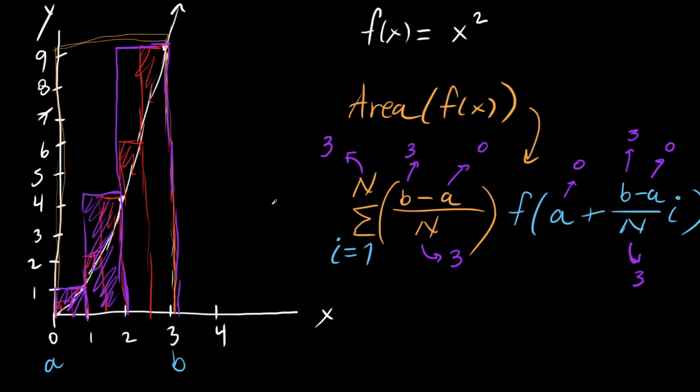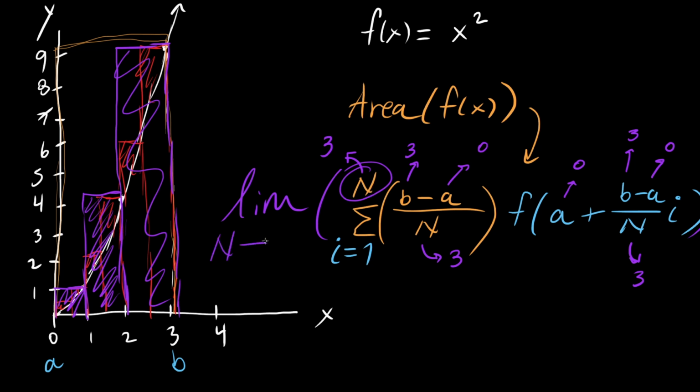So then this entire function can be put in a limit. And then what should we take the limit of? Which one of these variables should we try to increase as much as we can? That variable is going to be big N, because big N describes how many rectangles there are. And we want to increase big N all the way to infinity.